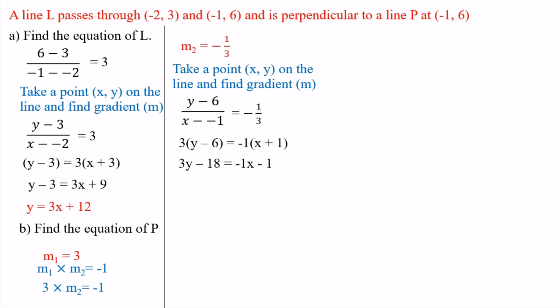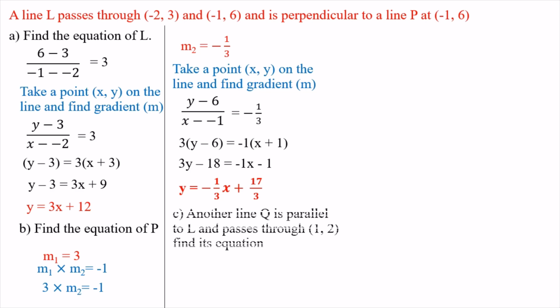So this one simplifies to 3y minus 18 equals negative x minus 1, which further simplifies to y equals negative a third x plus 17 over 3. You can see negative a third is the gradient. So that is the equation of that second line, P.